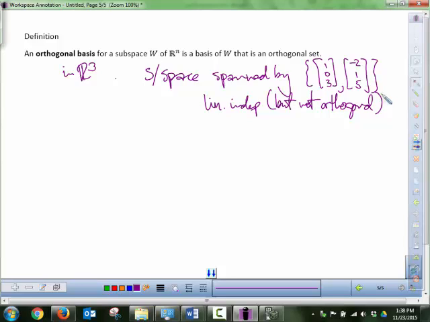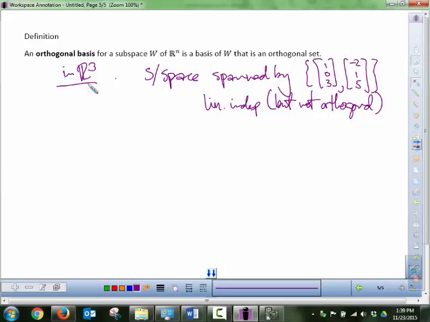What does this subspace look like? I gave you the dimensionality here. We are in R3, and we're looking at two linearly independent vectors that this thing spans. So what does this span? This should be a plane in R3.